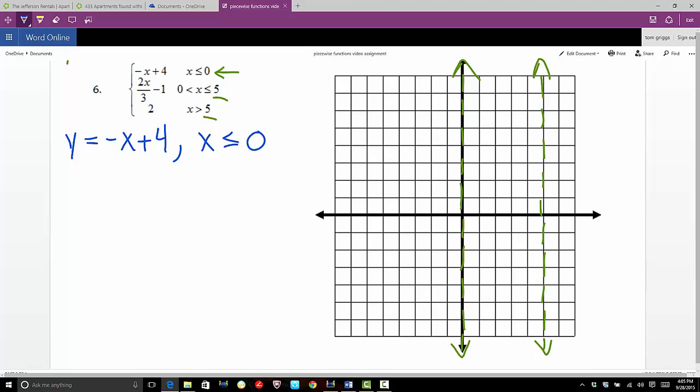So that less than or equal to means I'm going to have a solid dot at some point when I graph this line. The slope, of course, that m, I haven't used that yet, but that's just notation for slope. The slope of this line is negative 1 over 1. And the y-intercept is (0, 4).